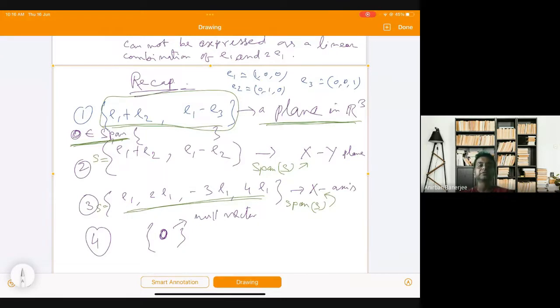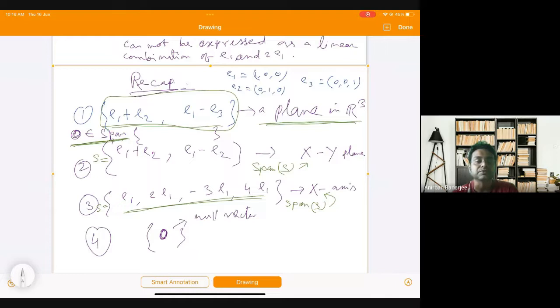So the point is, if you are given a set of vectors, those vectors may or may not form a subspace. Then the question is whether the span of those vectors will create a subspace or not.